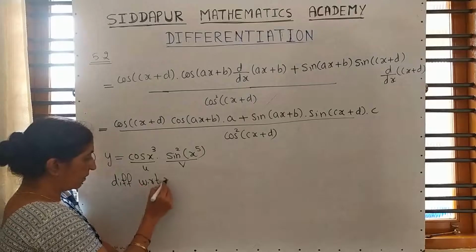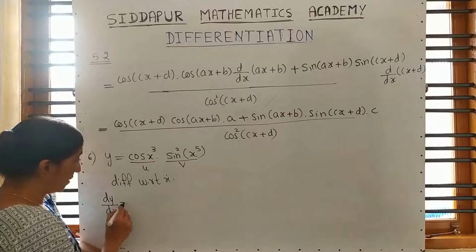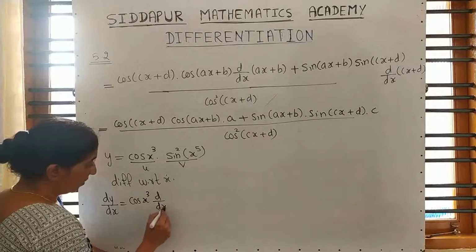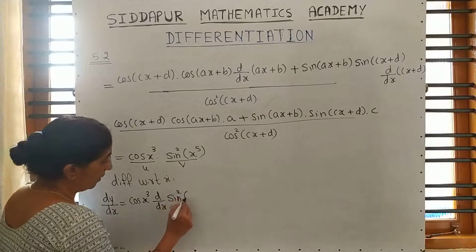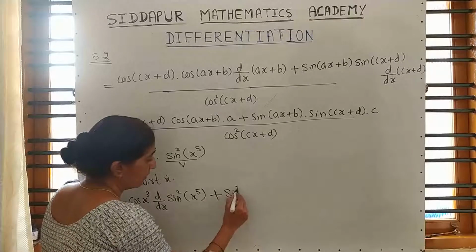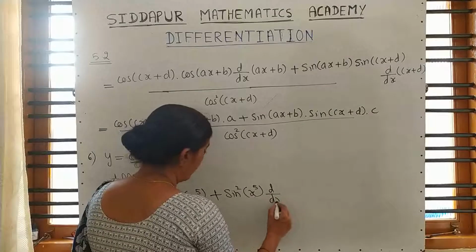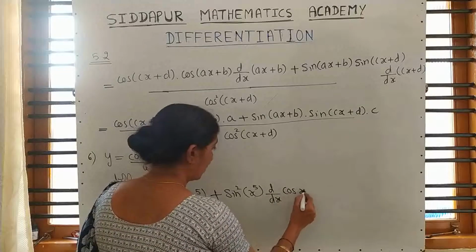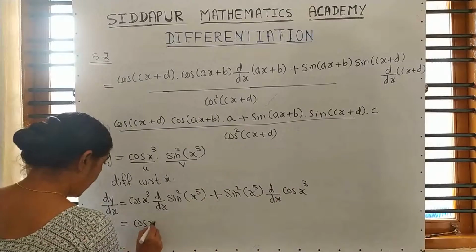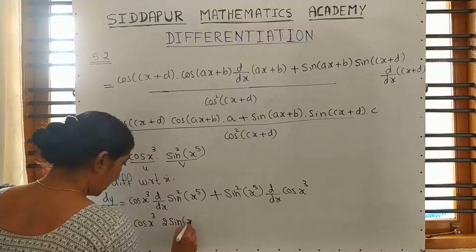Differentiating with respect to x. Dy upon dx is equal to cos x cube into differentiation of sin square x raised to 5, plus sin square x raised to 5 into differentiation of cos x cube. Cos x cube as it is, differentiation of sin square is 2 sin x raised to 5.